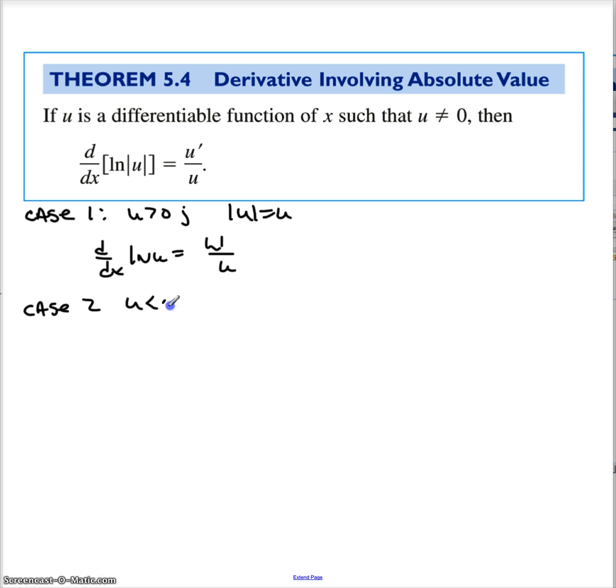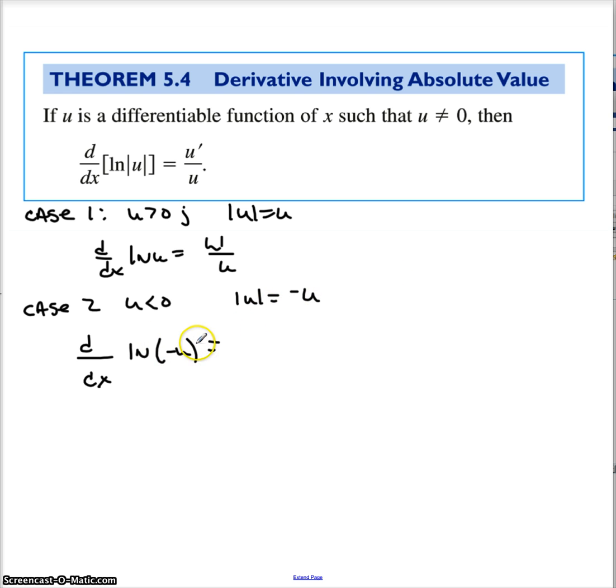What happens when u is negative? All right, then the absolute value of u is equal to minus u. So the derivative with respect to x of the natural log of minus u is what?